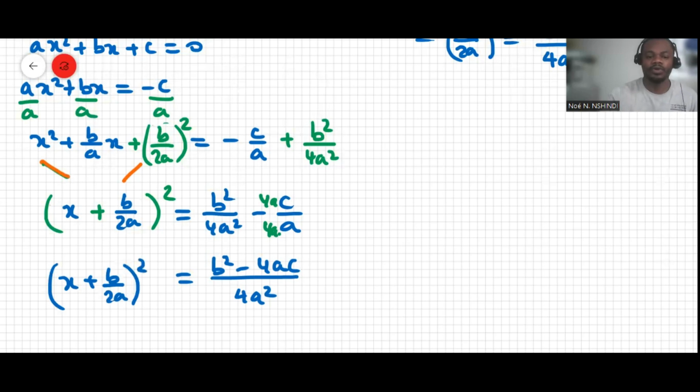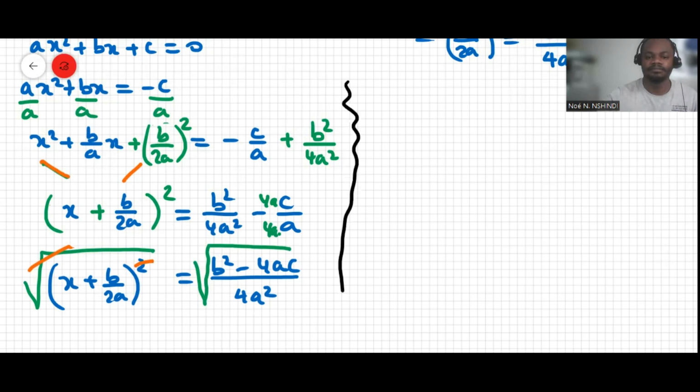We're going to solve this. We can simplify this. When I reduce this, I take the square root of this and the square root of that. Now this square root cancels the power of 2. That makes x plus b over 2a equal to plus minus square root of b squared minus 4ac all over 2a.